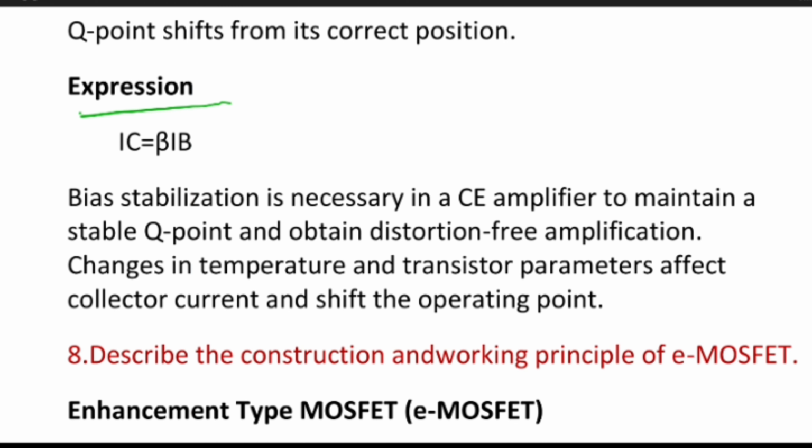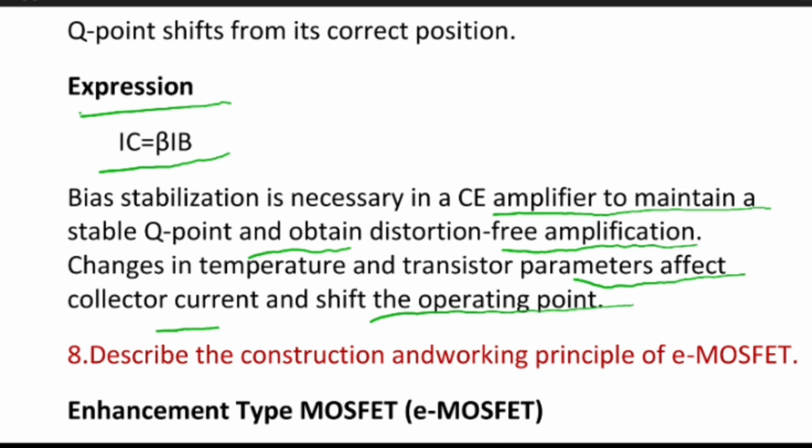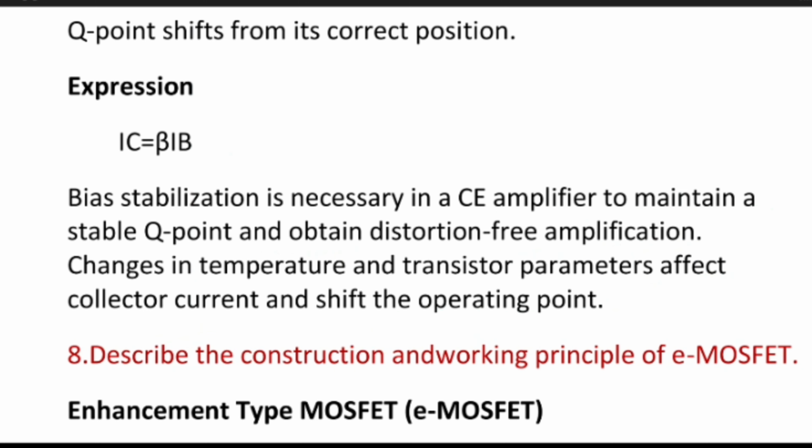The final expression is IC equals beta times IB. Bias stabilization is necessary for a CE amplifier to maintain a stable Q point and deterioration-free amplification. If the temperature changes, the transistor parameters are also affected, and the collector current and operating point shift as well.